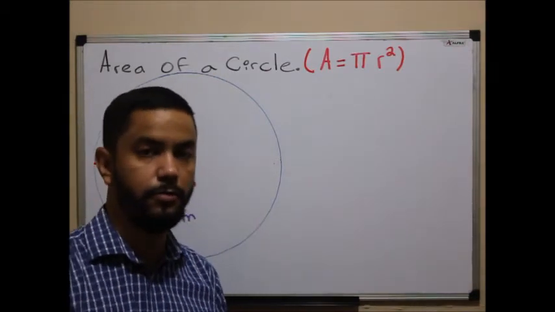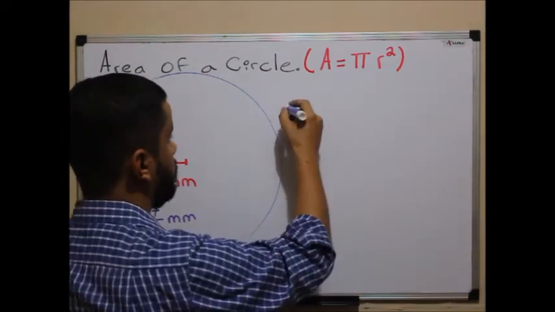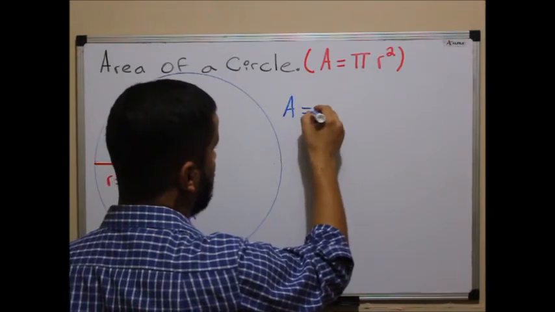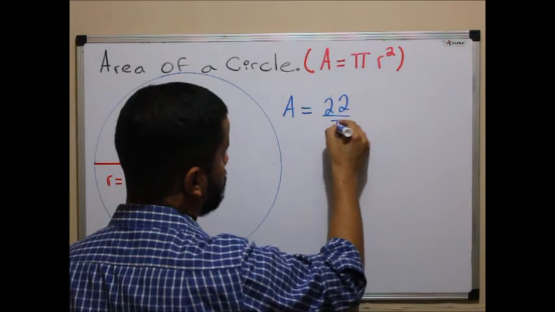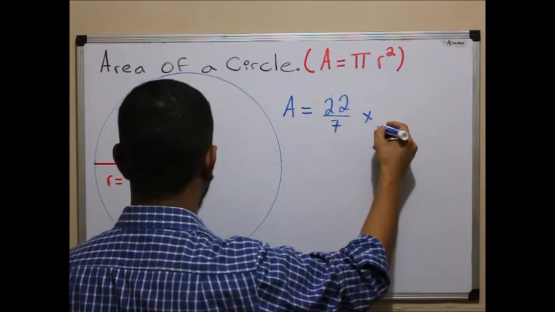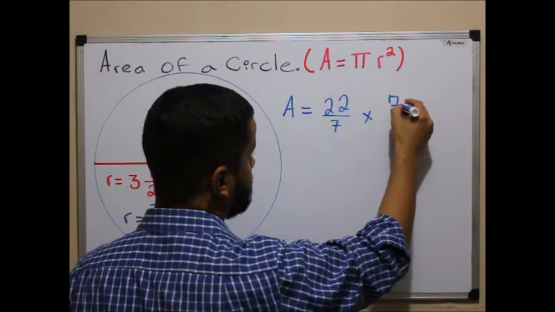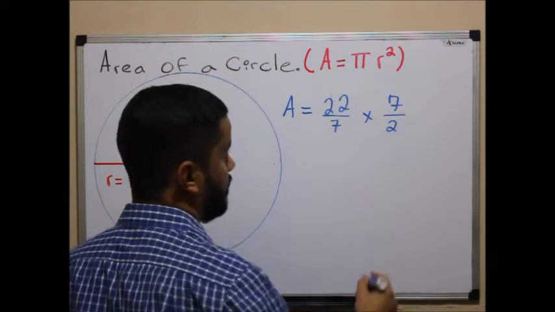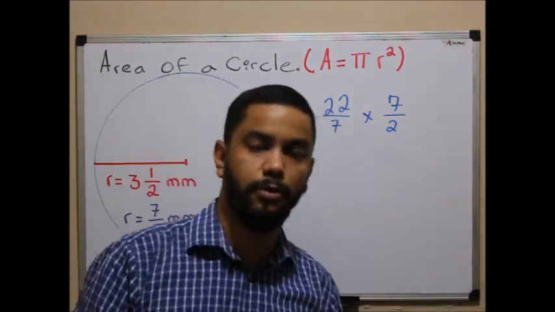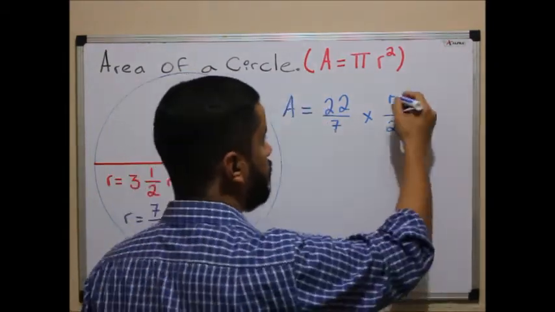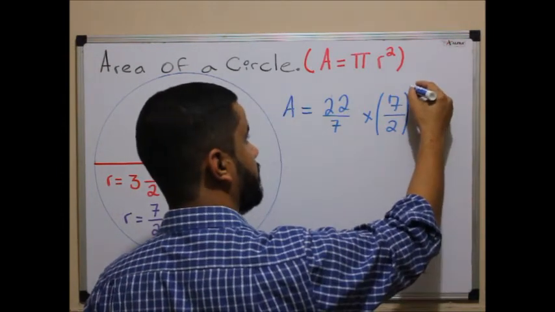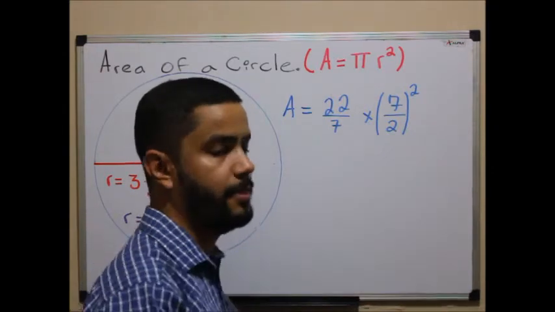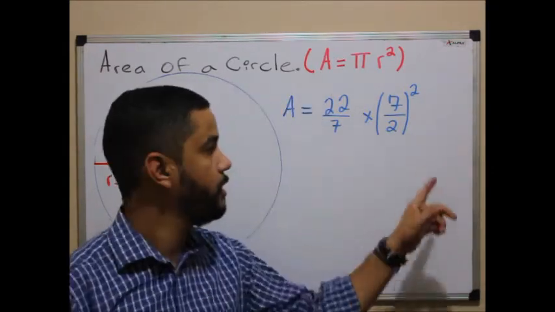Now we're able to make the numerical procedure. So area will be equal to half pi, that is 22 over 7, times the radius, that is 7 over 2. But let's see what will happen here. We're going to close the fraction inside parentheses, and we're going to write there the power, exponent 2.